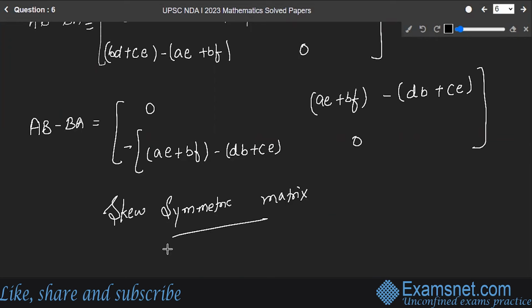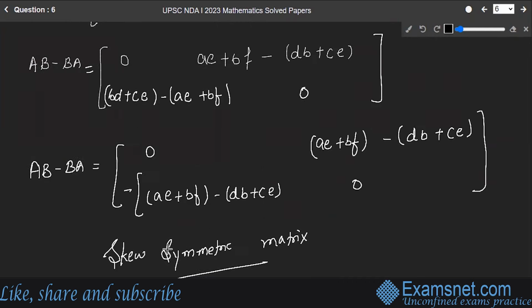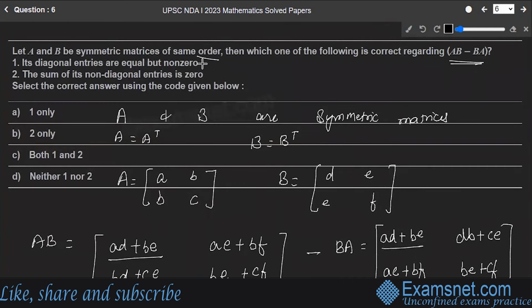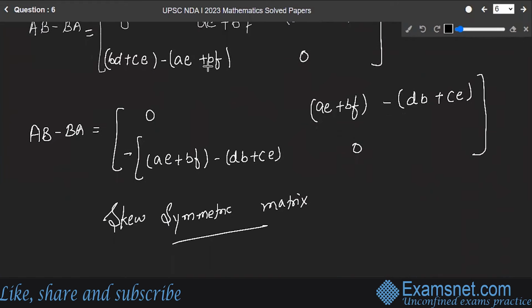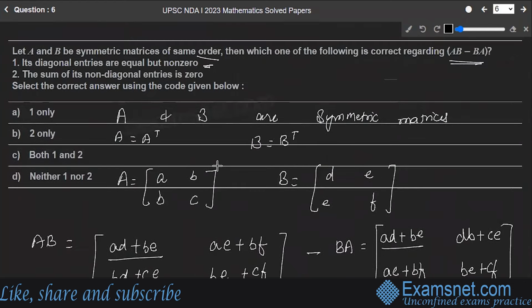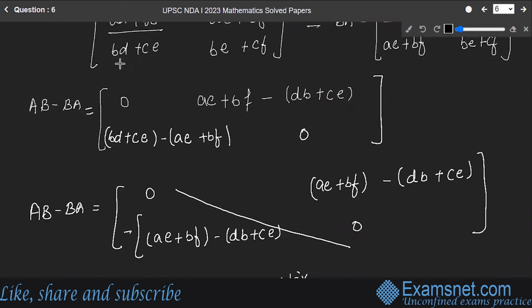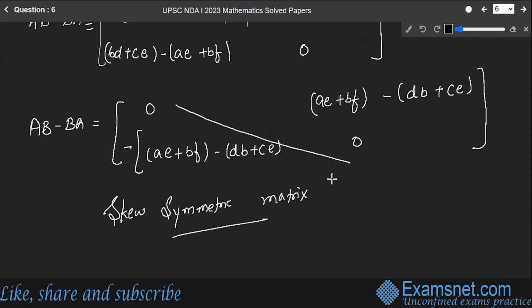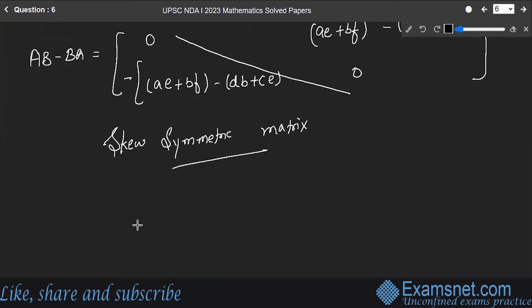So you can see over here the diagonal entries. What is this saying? The diagonal entries are equal but non-zero. No, the diagonal entries over here are 0. So statement 1 is false. Next one, the sum of non-diagonal entries is 0. The sum of these entries is of course 0.